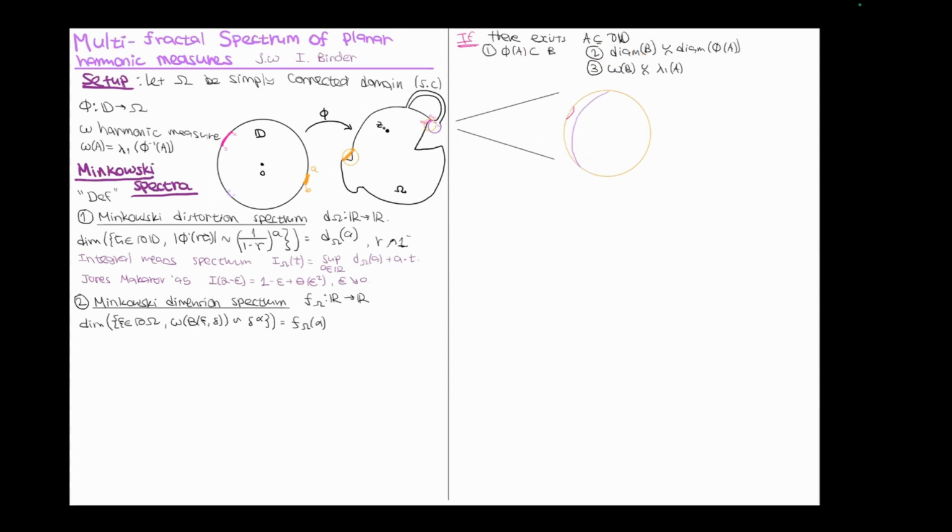But if we look at the harmonic measure, let me take you back to the first definition I presented, that comes from probability. The harmonic measure of this arc is the probability that a random walk starting from this Z0 will hit this arc. A random walk starting from this Z0 has to travel through this very, very narrow pipe, so the probability that it will hit this purple arc is very, very small.